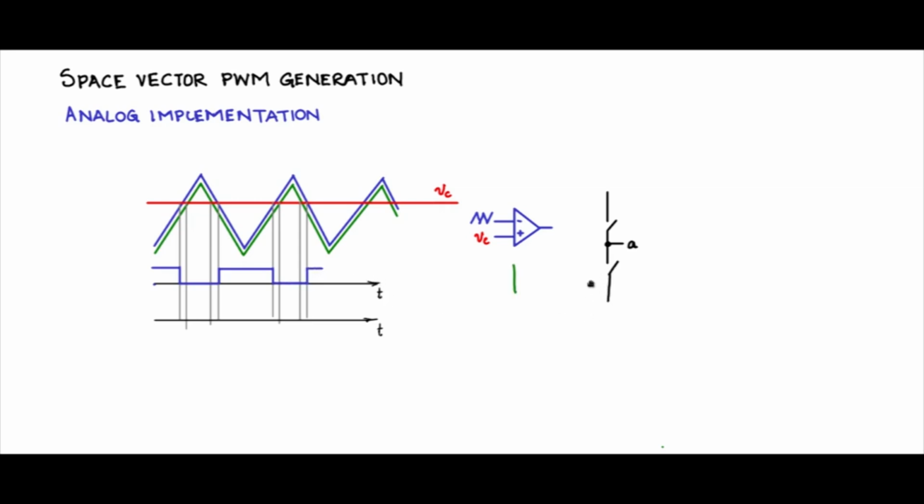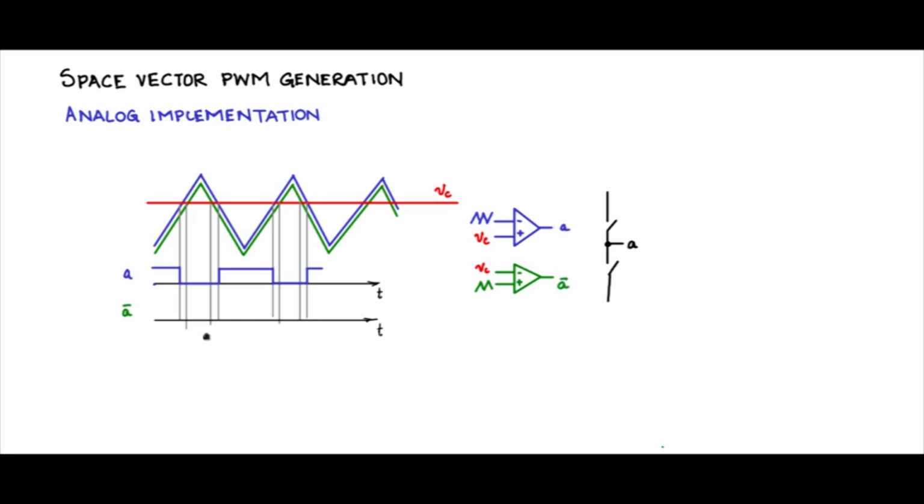Now for the bottom switch I will use another comparator like this, and for the minus I will give minus Vc, and for the plus I will give that green triangular carrier, the one which is offset down. So if that was A, this will be A bar.